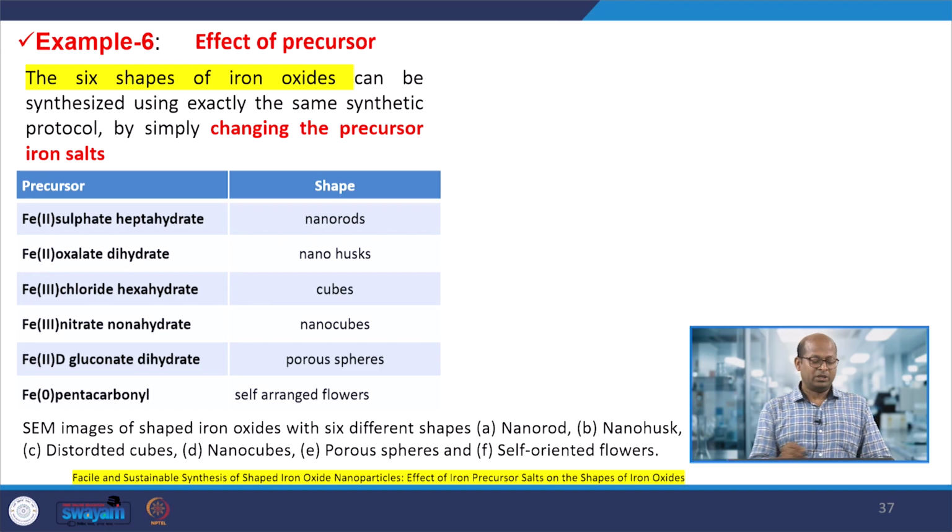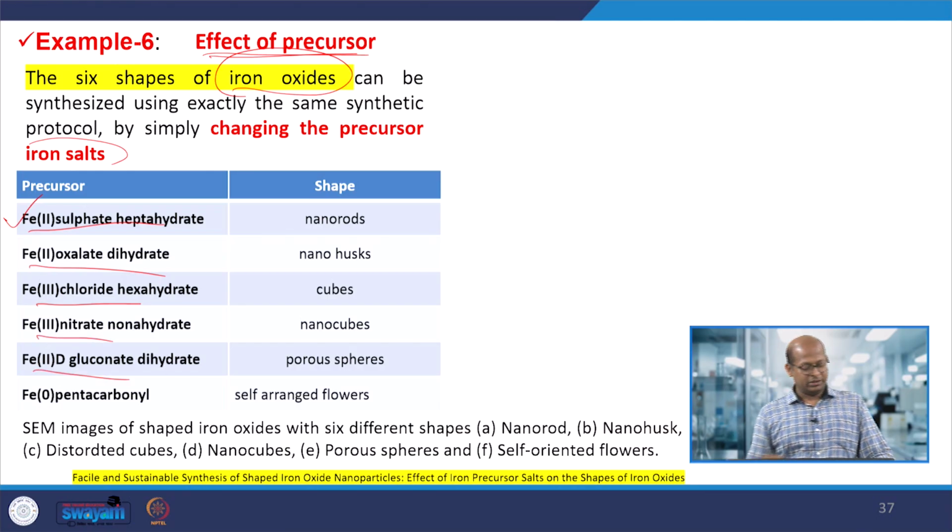So next is the effect of precursors. I said the source material is also important. Here we can prepare iron oxide nanomaterials by considering different precursors: iron sulfate, oxalate, iron chlorides, iron nitrates, iron D-glucose dihydrate, or iron pentacarbonyl.